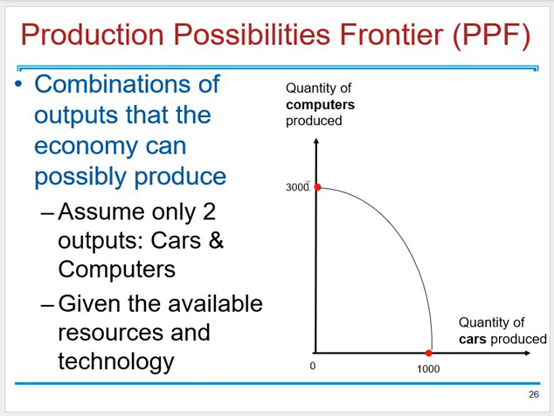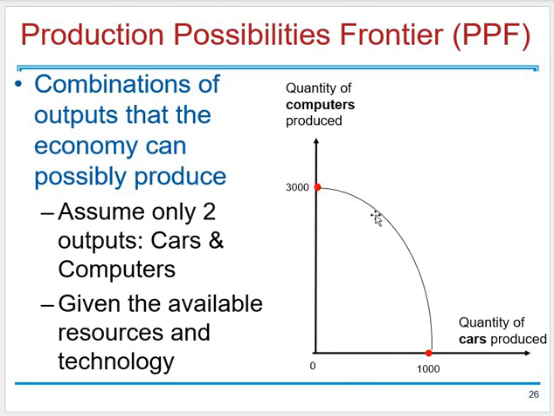along this curve, right? This curve is downward sloping because when you start from the point of 3,000 computers and 0 cars, right? You start to make fewer computers, then you start to make more cars.